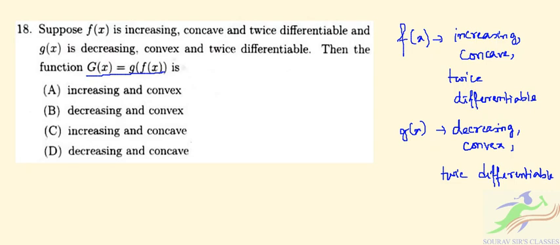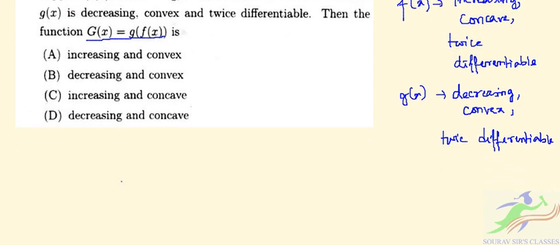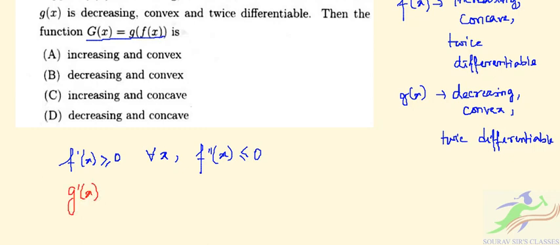Here we have f prime x greater than or equal to 0 for all x. So f double prime will be less than or equal to 0. Similarly, g prime is less than or equal to 0 for all x, and g double prime of x will be greater than or equal to 0.